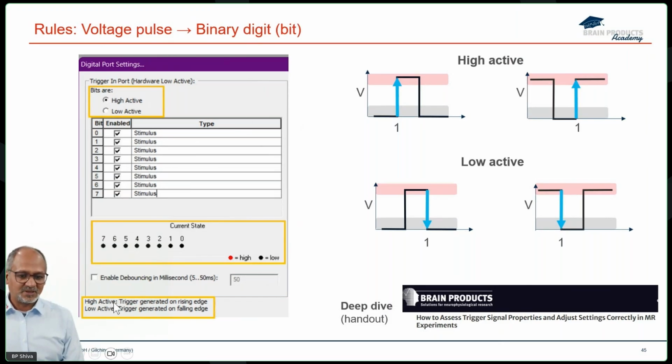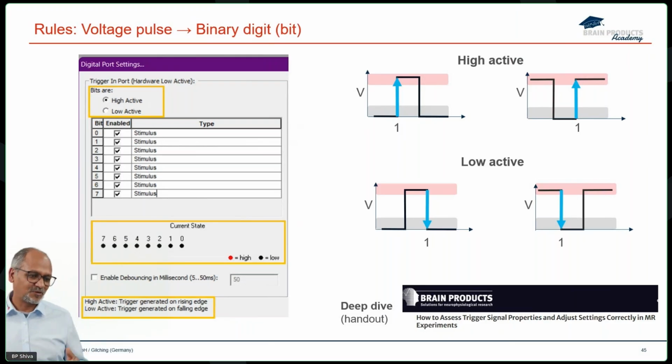So, for example, a high active is when the decoder says that when the voltage goes up, it's treated as a 1, no matter where it occurs. And the low active is the other way around. And this can depend on your particular hardware or technology.